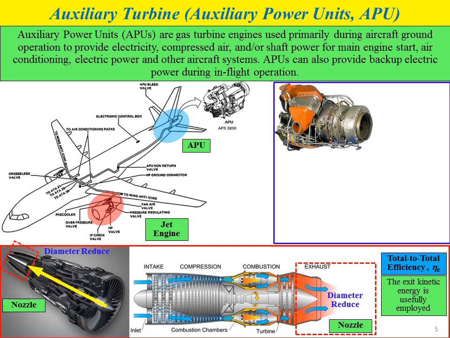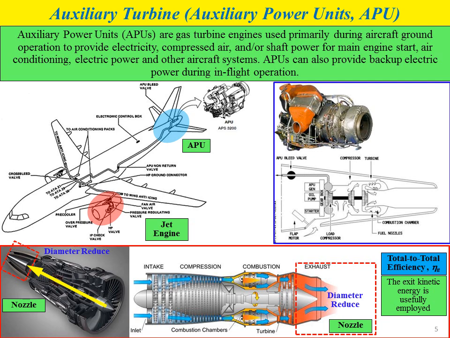These are the actual photos of the APU. In the cross-section drawing of the APU, at the end we can see a shape similar to the nozzle. However, inside the component the diameter is constant, with no diameter change and no volume change, so there is no thrust force produced by the APU.